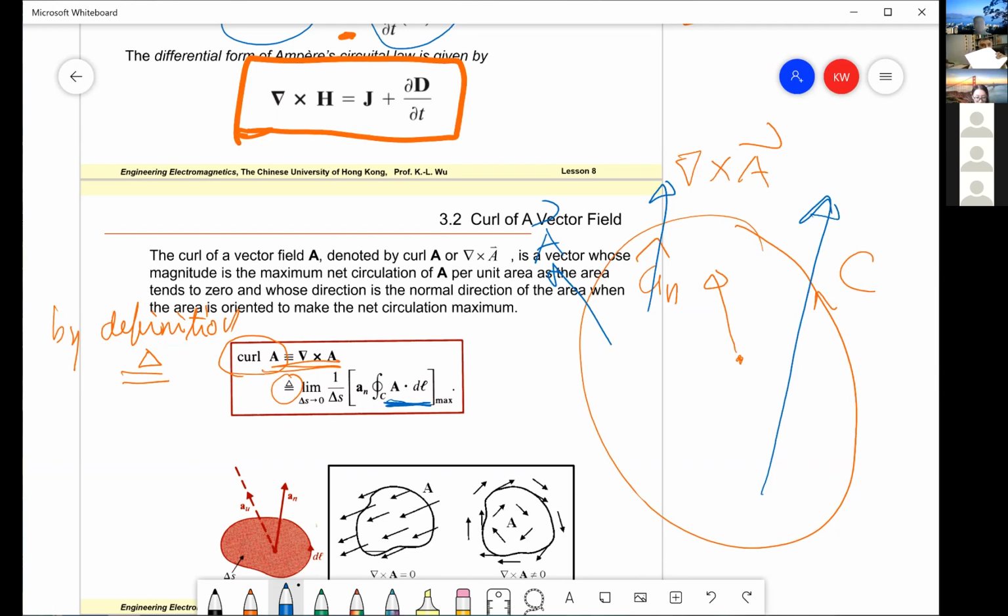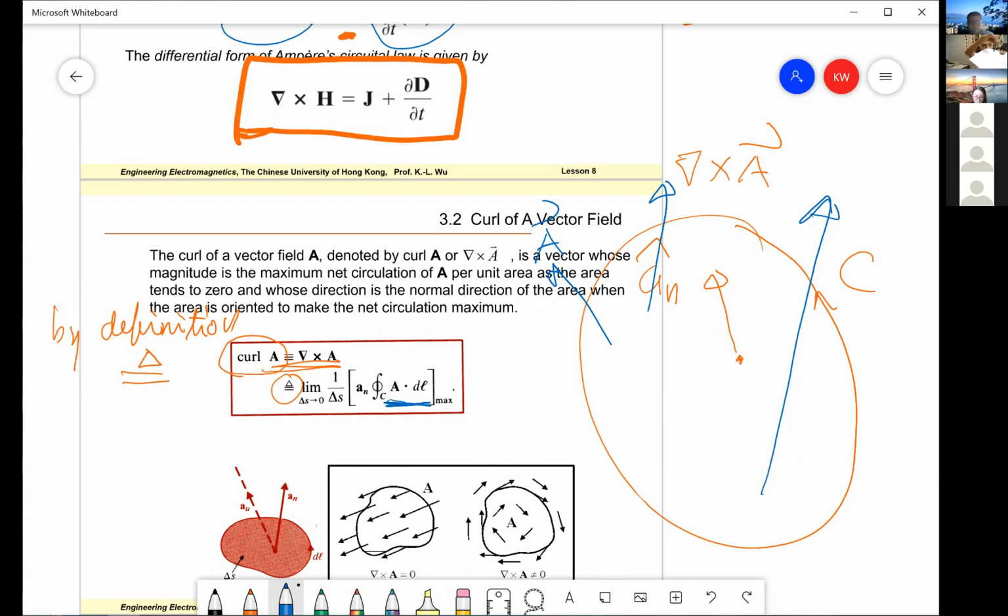For a fixed point, the C is not uniquely defined, right? I can rotate my C with a fixed point. That means my surface direction changes. This surface is very small.